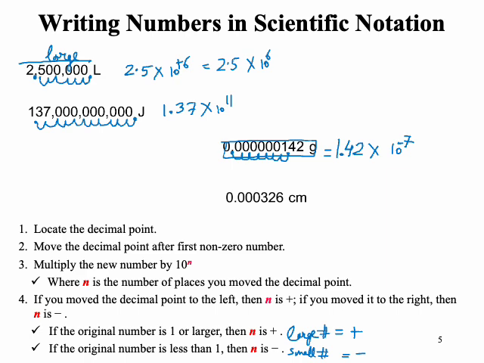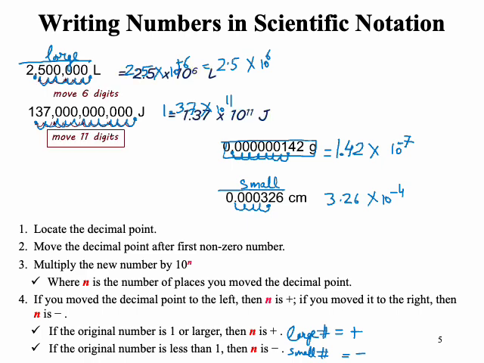The last one, I want the decimal here, so I need to move it by how many places? 1, 2, 3, 4, which gives me 3.26 times 10 raised to power 4, but it's a negative 4 because my number is a small number to begin with. And that's it. This is your standard notation, and these are your scientific notation. Now let's see how you can go from scientific notation to standard notation. How can we do reverse?